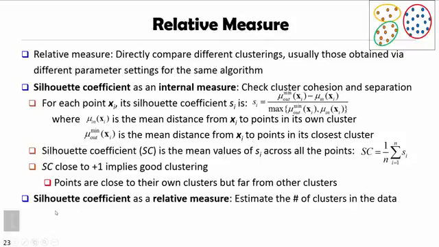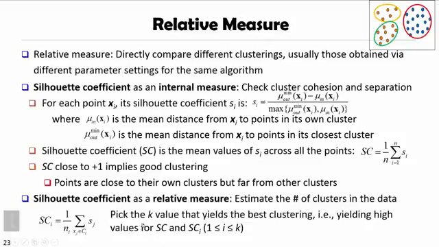So we can also use this silhouette coefficient as a relative measure. For example, we can use it to estimate the number of clusters in the data. Say, what is the best k? We can pick a value that yields the best clustering, that means yielding a high value for SC.